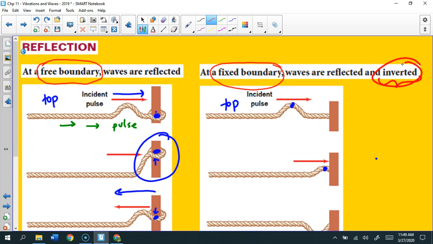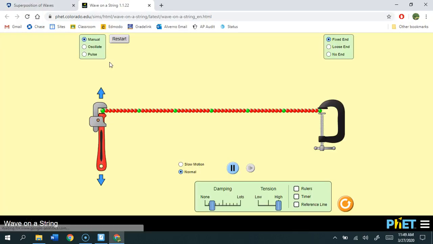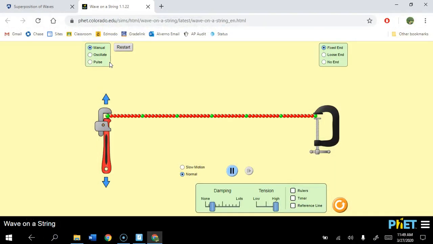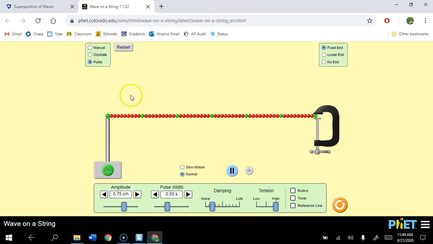Now what I'm going to show you here is going to help you see this happen in real time. Watch carefully as I go through this. I'm going to send one pulse over to a fixed end. Actually, let's go loose end first.